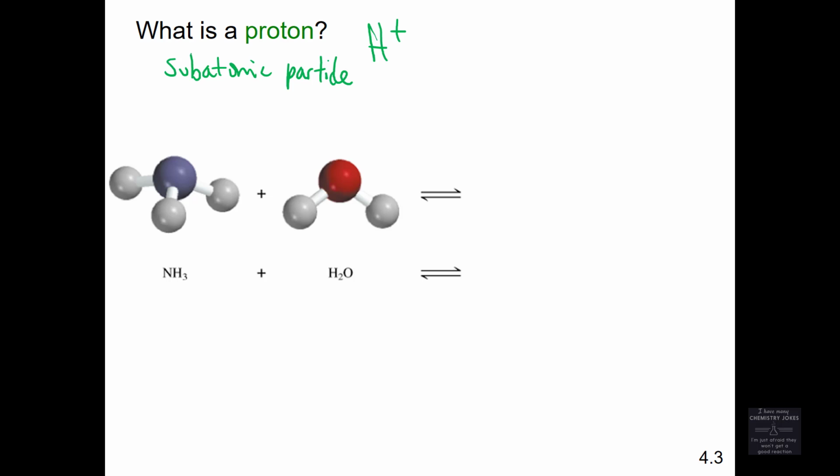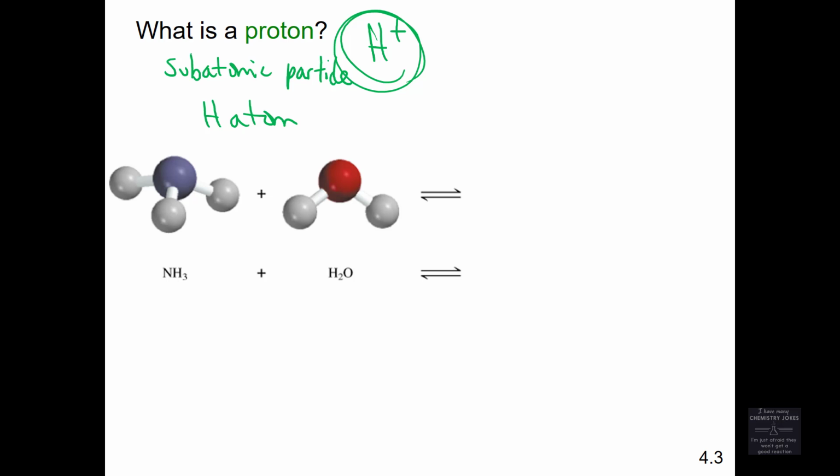But if you strip away the electron from a hydrogen atom, you're left with a single proton, no electrons, no neutrons. So we use this symbol, H+, to be a proton.